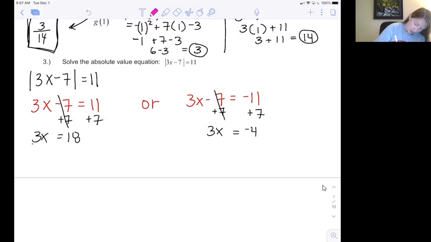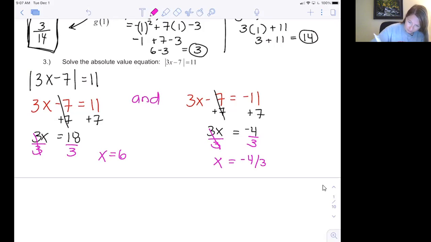Now, I'm going to divide by 3 and divide by 3. It's probably easier if you do them separately rather than what I'm doing, but just for the sake of time. So we have x equals 6 and x equals -4/3. And this should be an and, not an or. So that's my answer. My answer will be x equals 6 and -4/3.